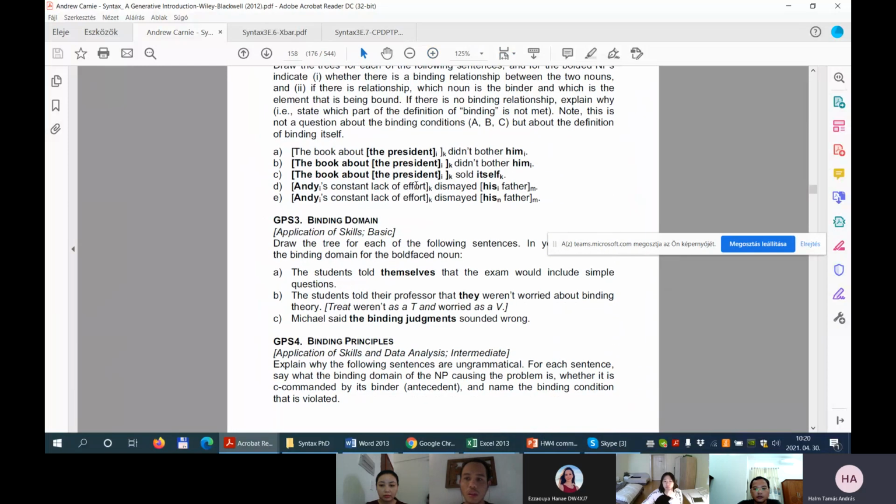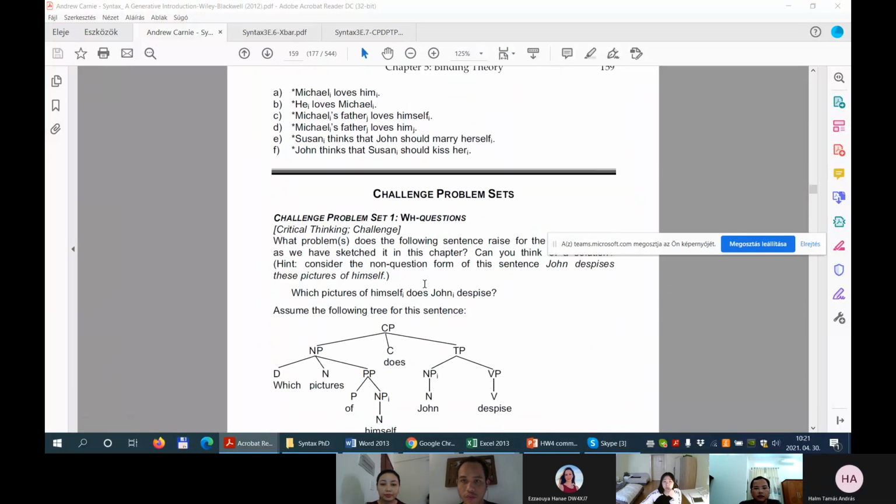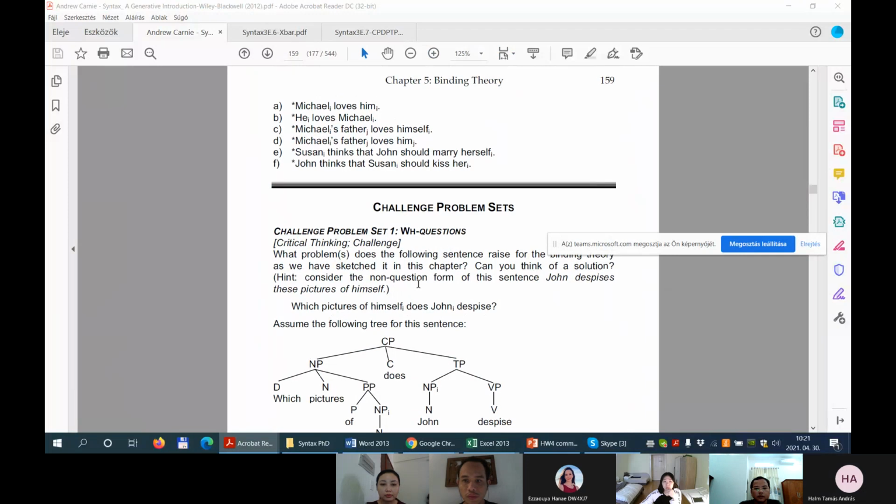Your task was to look at sentences which were actually ungrammatical, and for each sentence to explain what the binding domain of this NP that causes the problem is, and which binding condition is being violated. Okay, so who would like to discuss A and B? Michael loves him. This is bad, and he loves Michael is also bad. What's the reason?